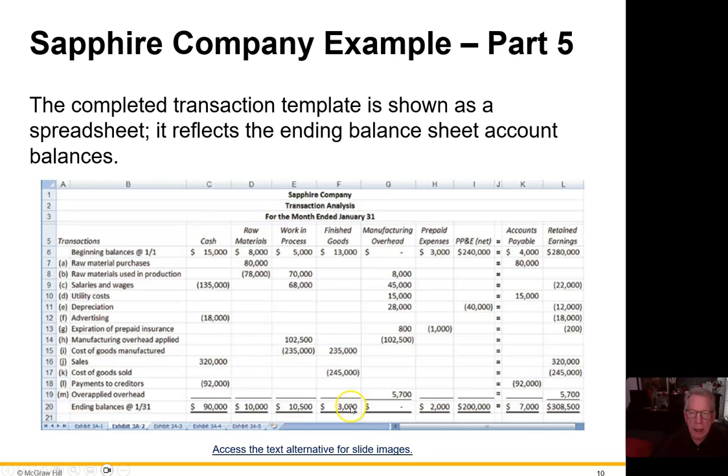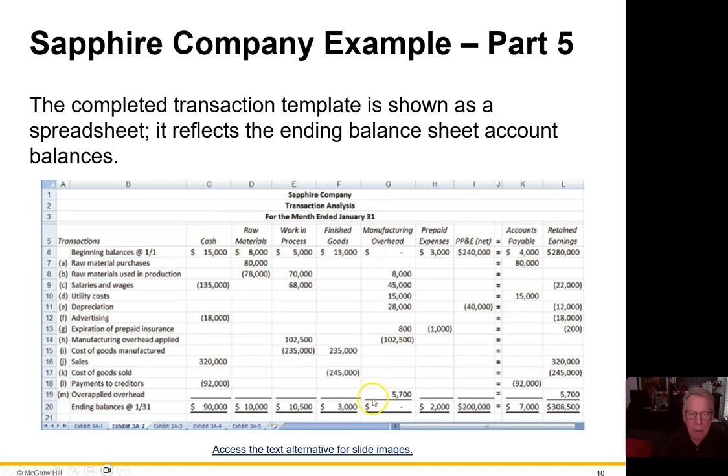Okay. Next, we had the manufacturing overhead account. So here are all our actuals. We had raw materials used, salaries and wages, utilities, depreciation, expiration of prepaid insurance, but then we applied $102,500 to jobs.